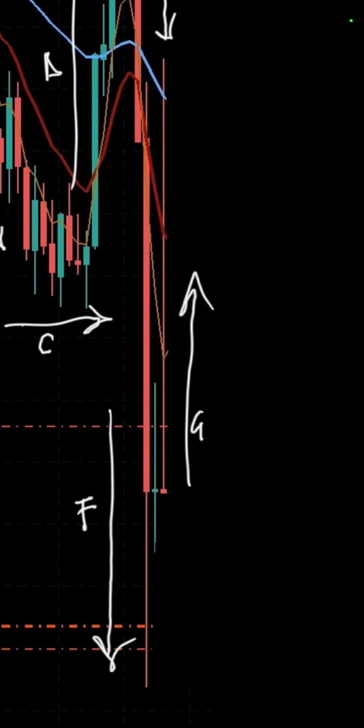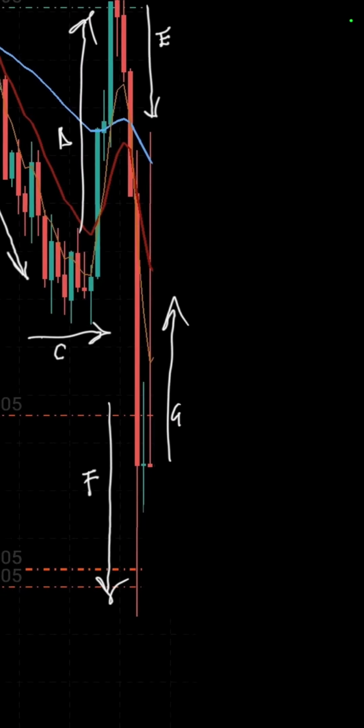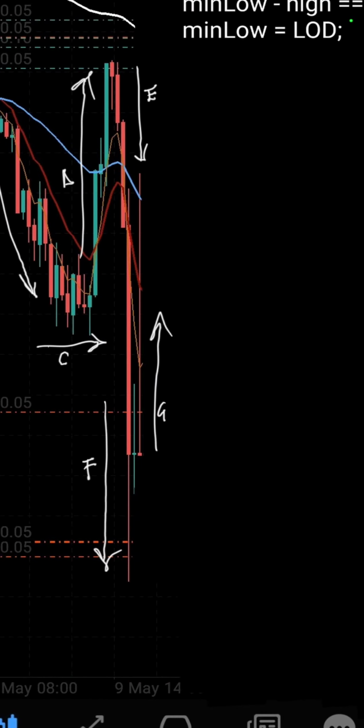This is now where the first leg of the W is formed, by following the arrows E, F, and G. We can see that it has made a downward and up move. So that is called the first leg of the W, or the first leg of the double bottom.